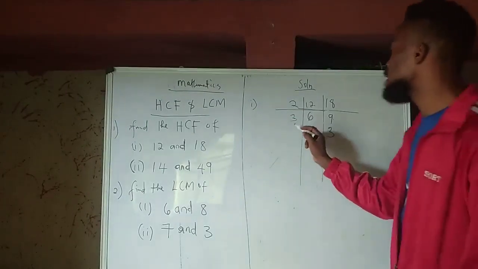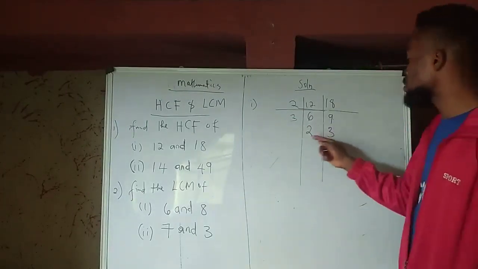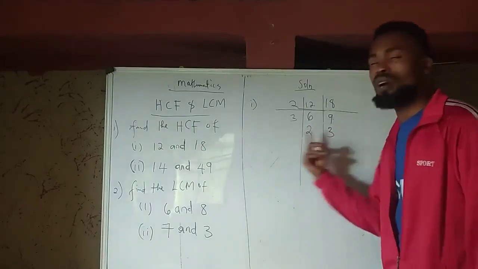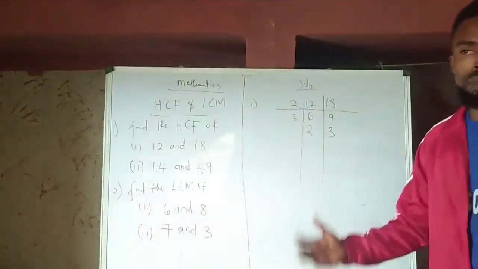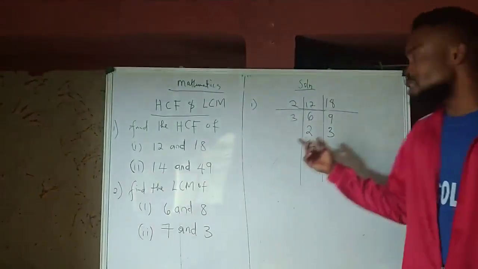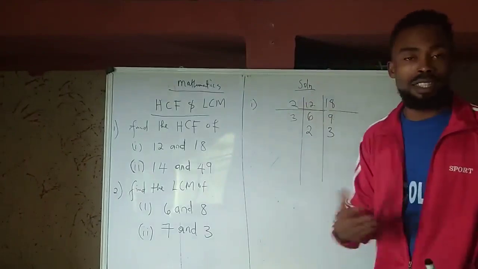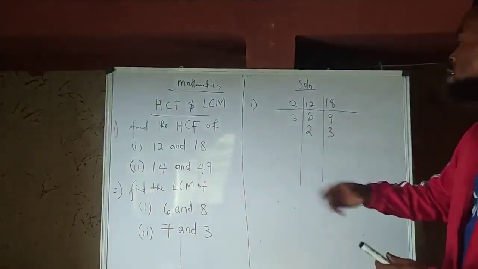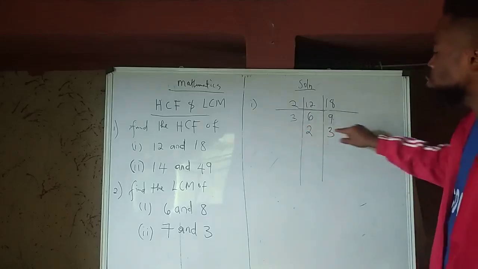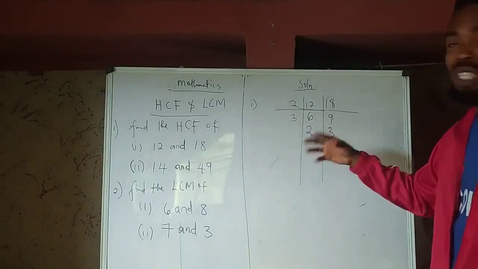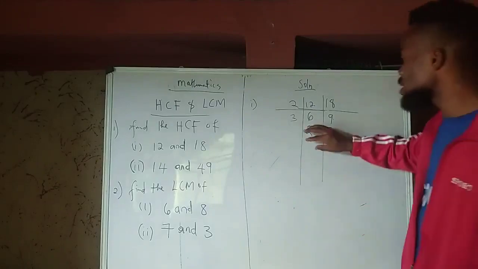Okay, so that's that. Now let's also look at those two numbers, 2 and 3. Do we have any number that can go through both of them without a remainder? The only number that we would think of is 1. 1 is inconsequential in this case because anything multiplied by 1 remains that value, right? So since we don't have any number that can divide through both of them without a remainder, this is where we stop.